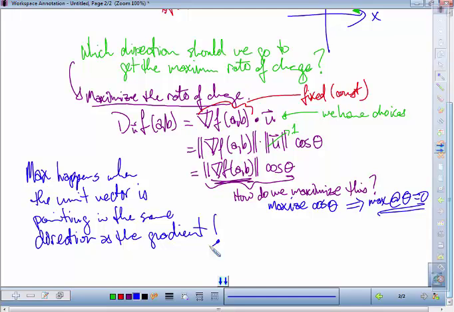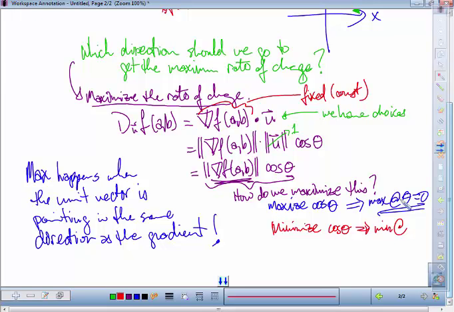We can also say a little bit more. What if we change the idea of maximizing to minimizing? What can you say about the angle?